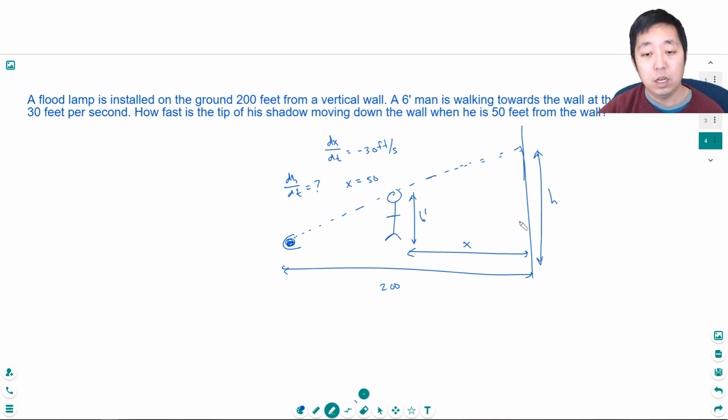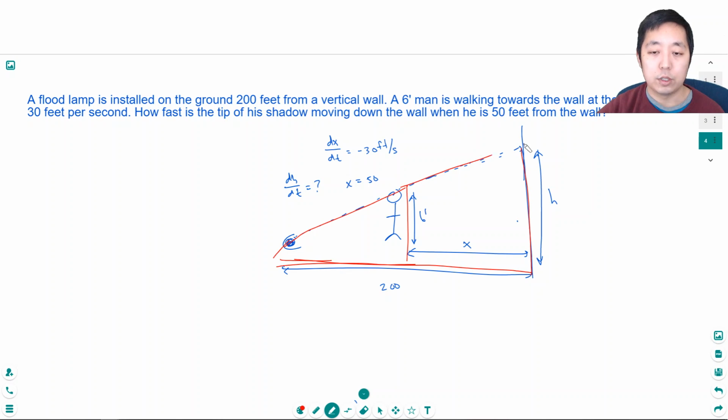I think we do similar triangles here. Let's try to draw a triangle like this, and another bigger triangle like this.